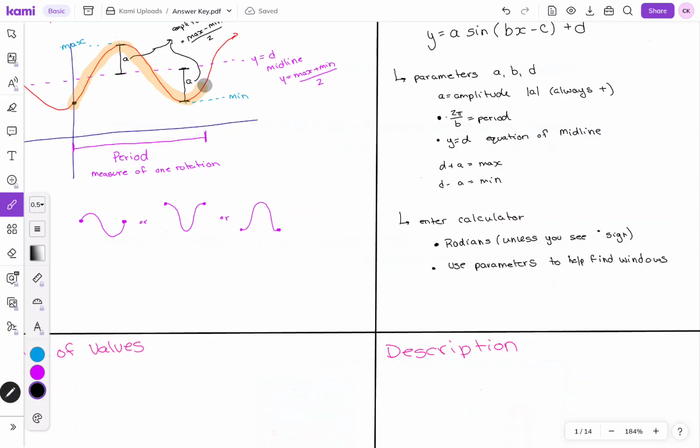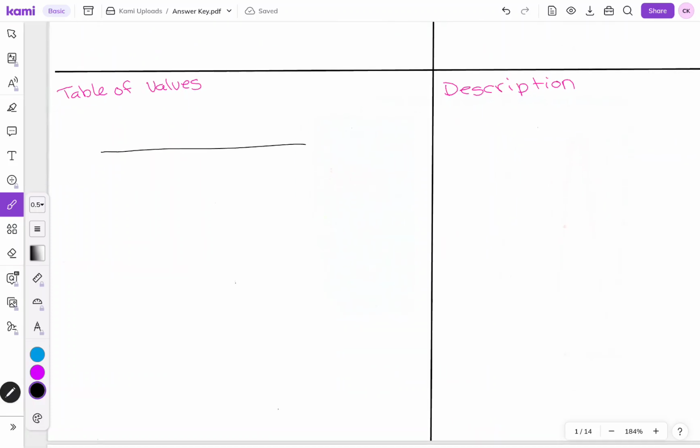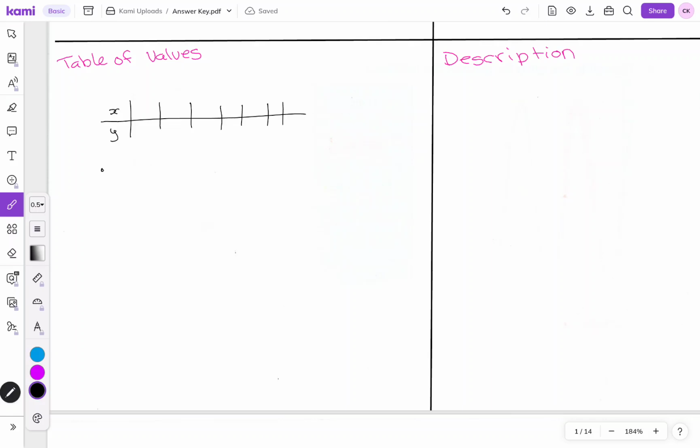Table of values. So again, we've seen a couple of these. We have x on top, y. A very lovely table of values. This is when we want to perform a sinusoidal regression. Remember, this is in our stat.